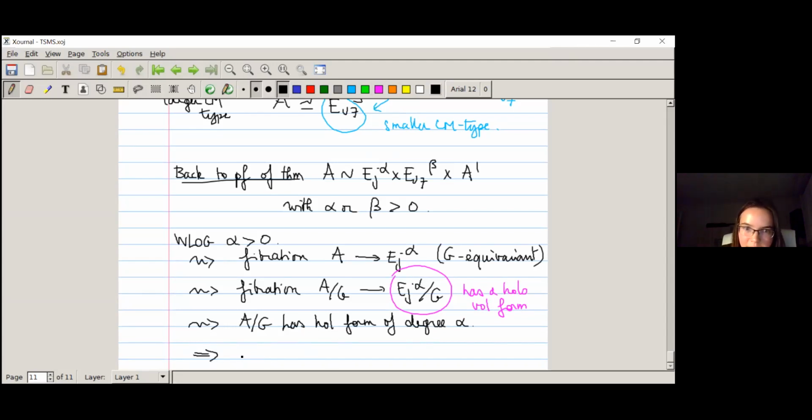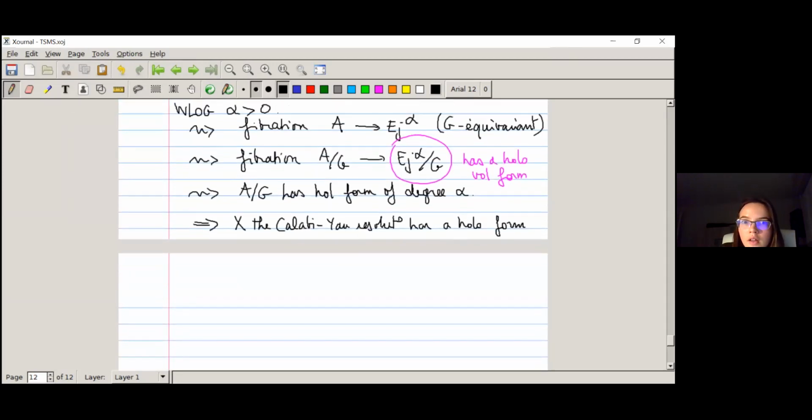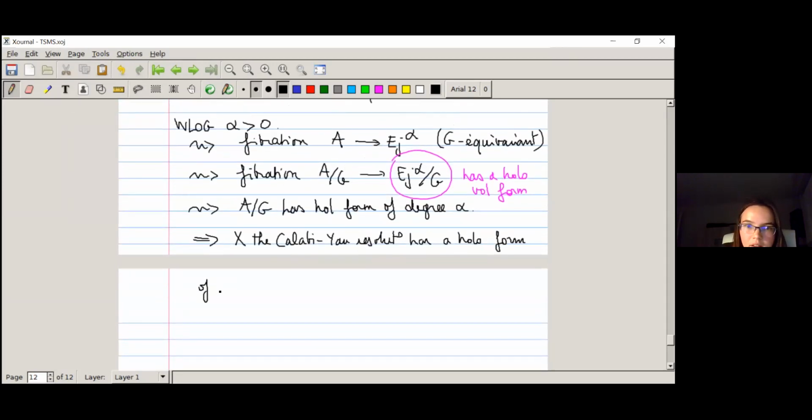So this implies that pulling back again, X, the Calabi-Yau resolution, has a holomorphic form of degree alpha.